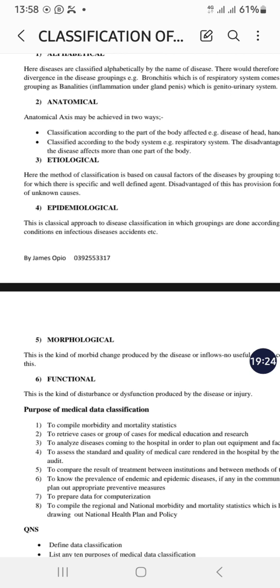Now we may not actually be focusing on the person. We may be looking at the perspective of, for example, public health. What has the public failed to commit themselves to that resulted in the incidence of disease? So that would be the concern of epidemiological axis.